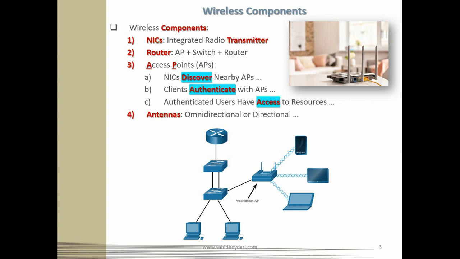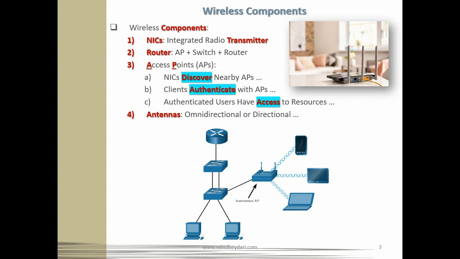What you can see towards the bottom of this slide is a topology whereby we have what we know as an autonomous access point, and then a few wireless devices connected to that access point, and through that access point to the rest of the network.